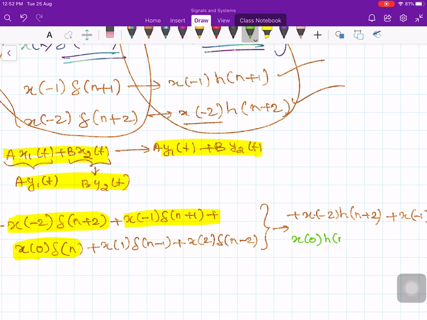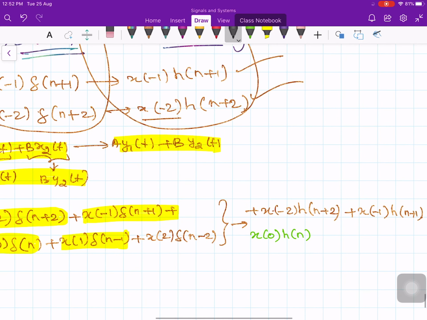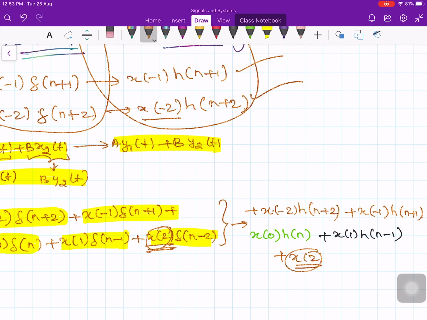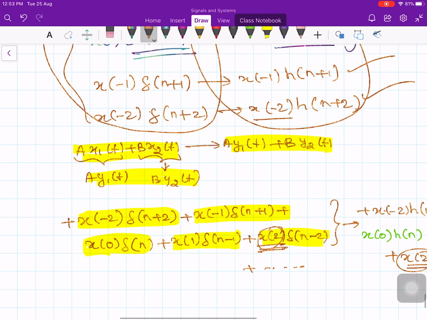Then this term x of 1 times del of n minus 1 gives rise to x of 1 times h of n minus 1, and then this term will give rise to x of 2, that constant, same constant, here also x of 2 and here also x of 2 multiplied by the impulse response h of n minus 2, and keep on, it goes up to infinity to the right hand side as well as from the left hand side it comes from minus infinity.